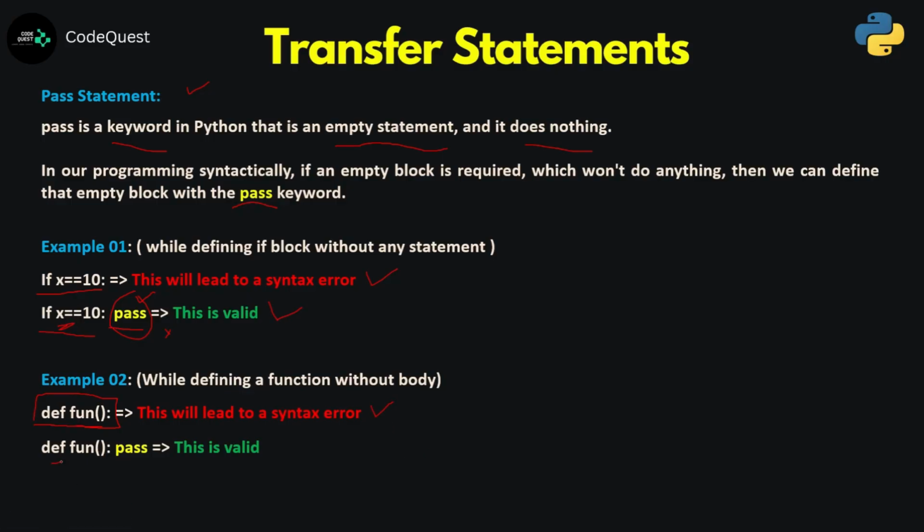Now, if I write the same with the addition of this pass, this is absolutely valid. So overall, the pass statement is required whenever you want to generate an empty block. Maybe attach it to an if, maybe attach it to an else, maybe attach it to a function, or maybe it is attached to a class.